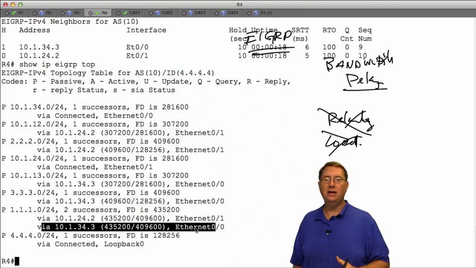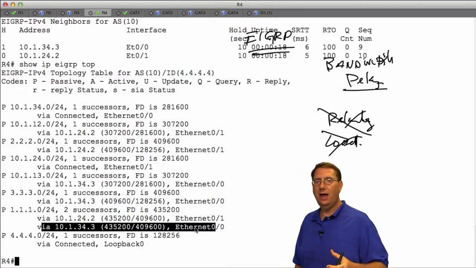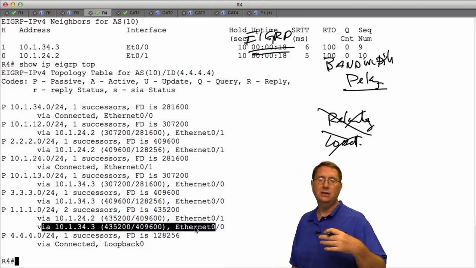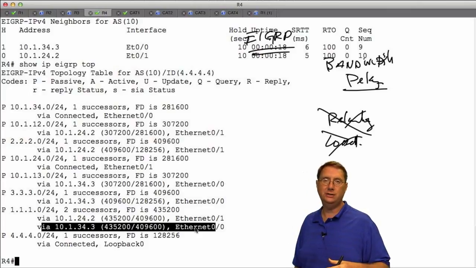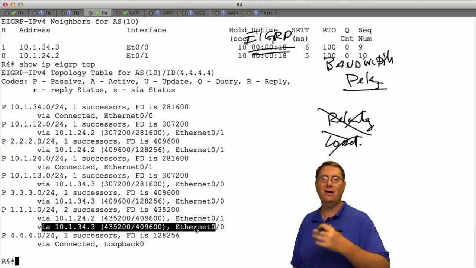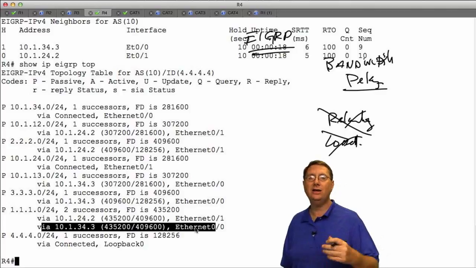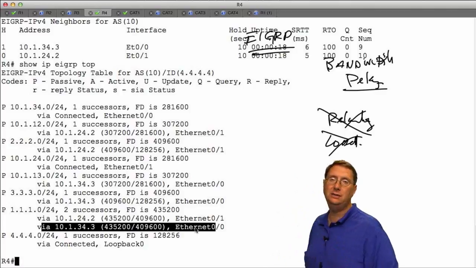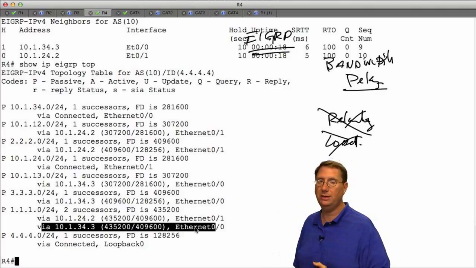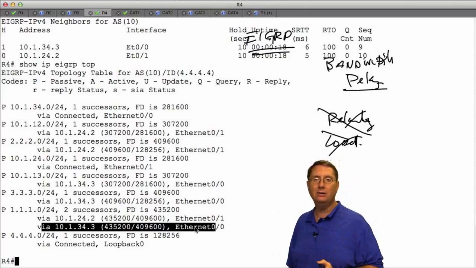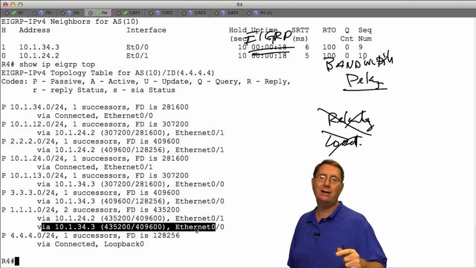So if the distance a router reports to us for reaching a particular destination, the actual metric, is less than the feasible distance of our successor, the successor being the best route that we have, we can have a backup route included in the EIGRP topology table. That backup route would immediately be placed in the routing table if we lose our best path route.